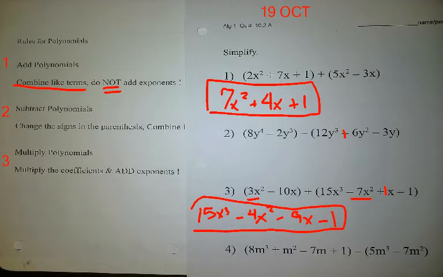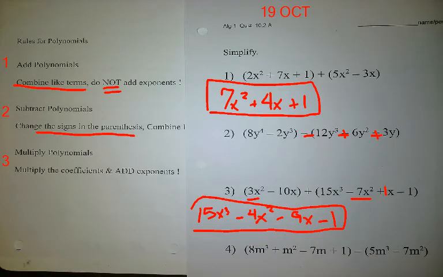When I subtract a negative 3y, it's going to be a positive 3y. So this one's subtraction, this one's addition, and this one's addition. Why? Because I changed the signs in the parentheses, right? In the second group, not the first group.